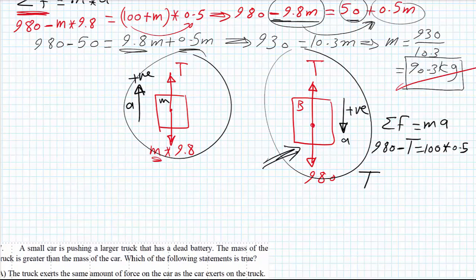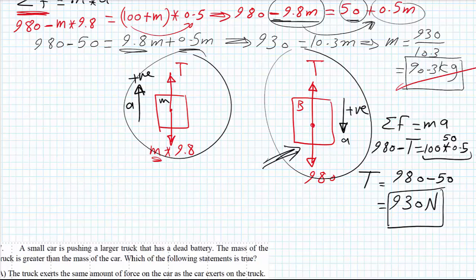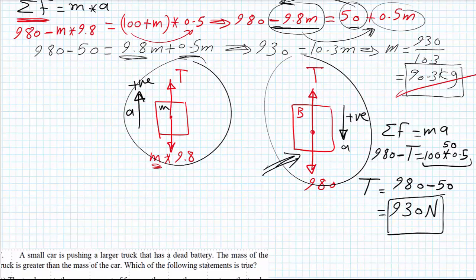So the tension is 980 minus 0.5 times 100, which gives you 50, so minus 50. So the tension is 930 Newton. So this is the tension between the two objects, or the tension force in the rope.